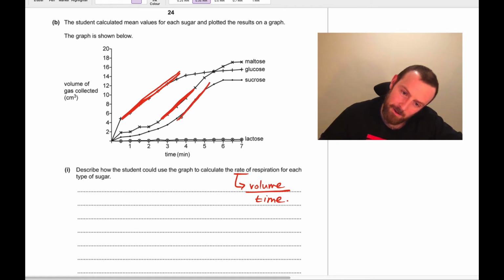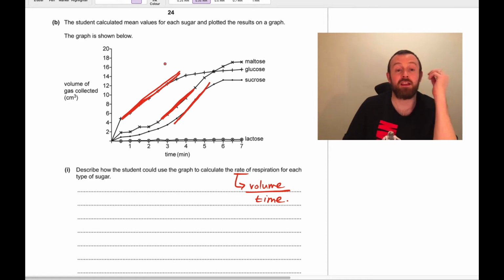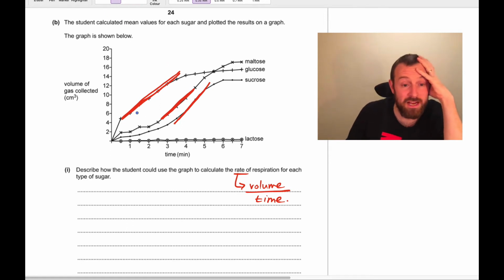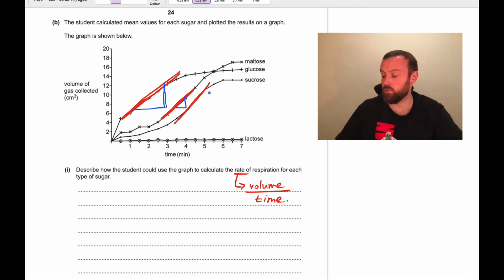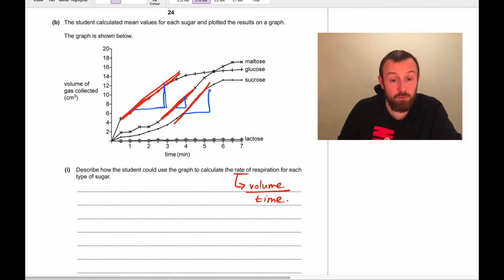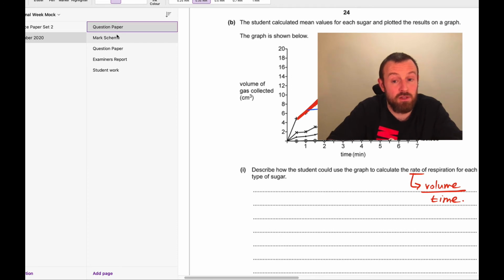Okay, so we look at the rate of each tangent. If we draw the tangents, and then using the tangent, we take a time and a volume of gas, and we'd work out the gradient of each tangent, like so. And that would give us the rate, okay? So that's how we would do it. What do we need to say when describing that process to get the marks? Let's go to the mark scheme.